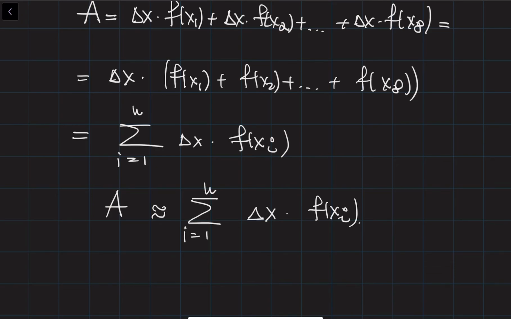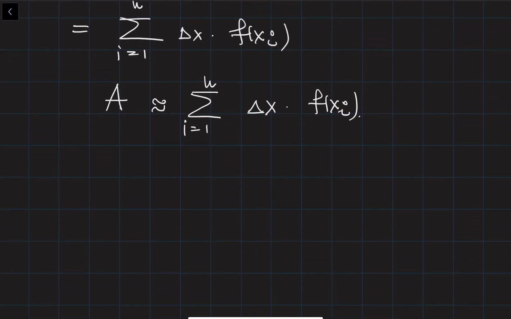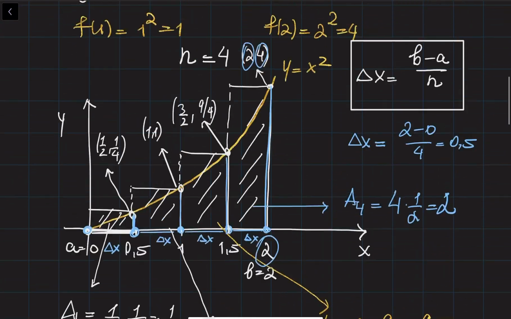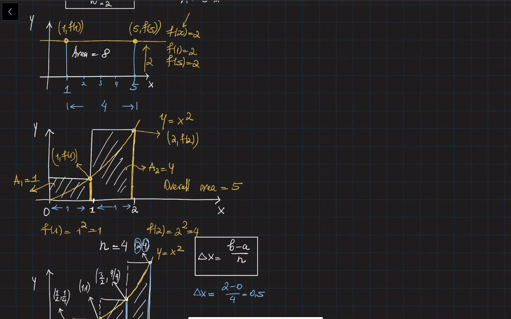So in general, if you would like to find the exact area, we need to increase this n. If you remember the first pictures here, the first approximation was very bad. This was our first approximation, when n, the number of rectangles, is equal to 2.